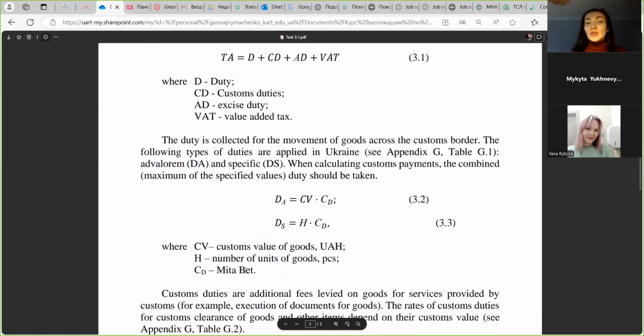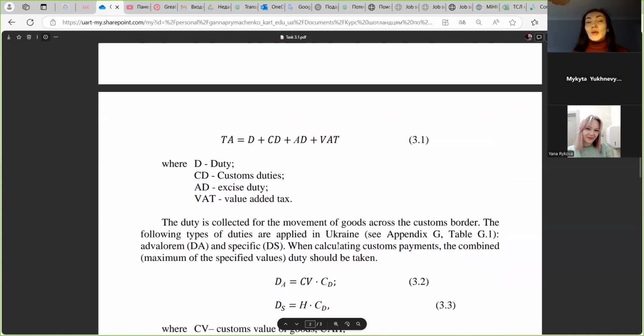It is H, the number of units of goods, how many we, for example, buy leather jackets or air conditioners and other products, in pieces, multiplied by the same parameter, the meter batch rate, but used in another configuration, not in percent.